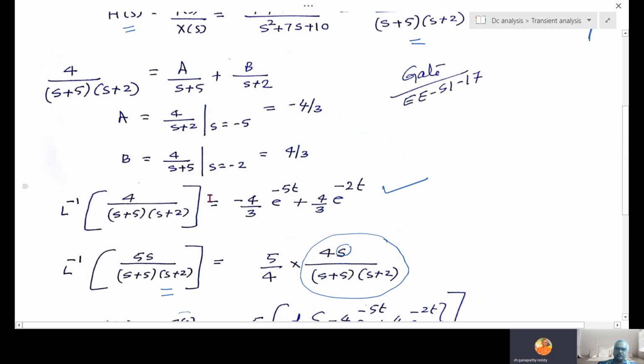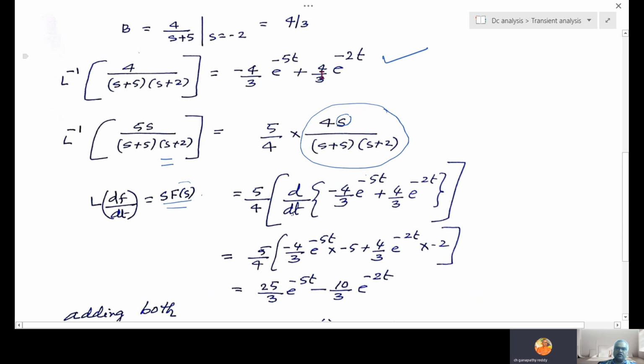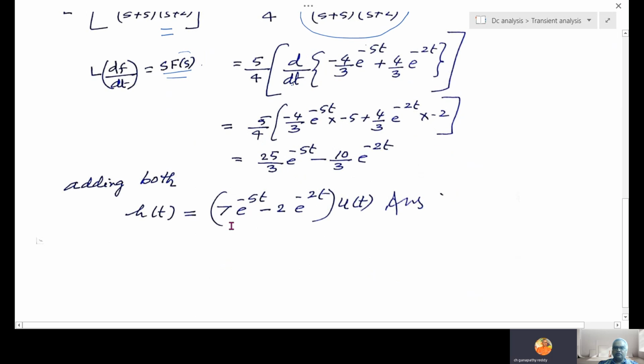What is the time domain function? That you write again. This inverse is already done, so you write it and differentiate. That way time is saved. Then add both the terms, and you will get this answer: 7 e power minus 5t minus 2 e power minus 2t.